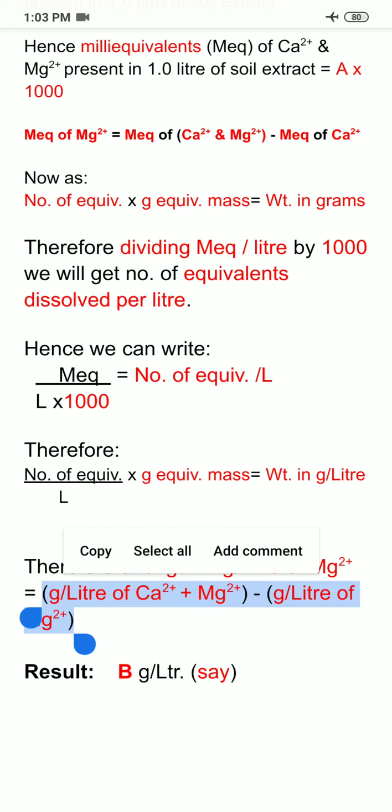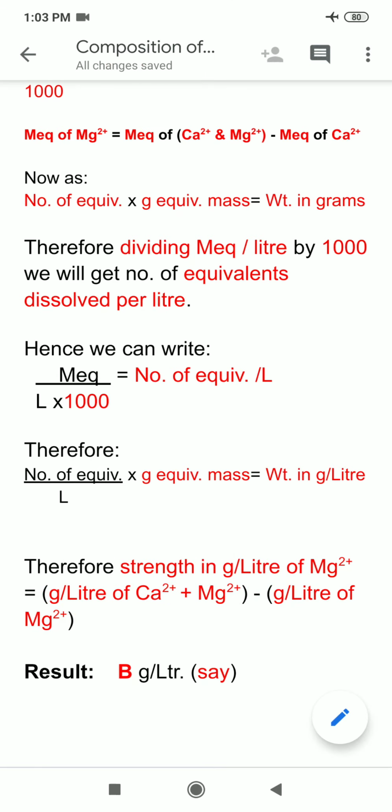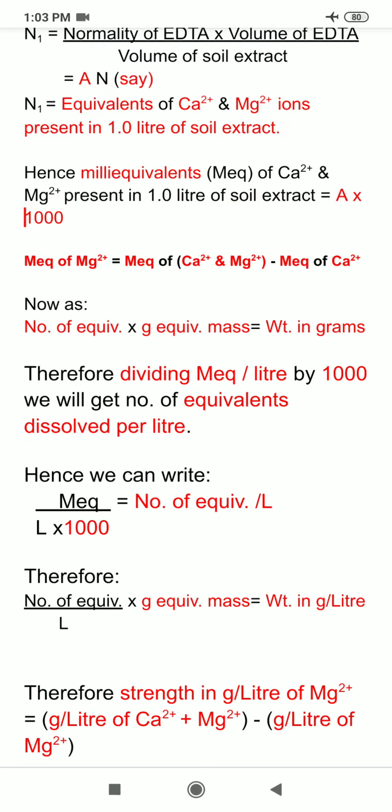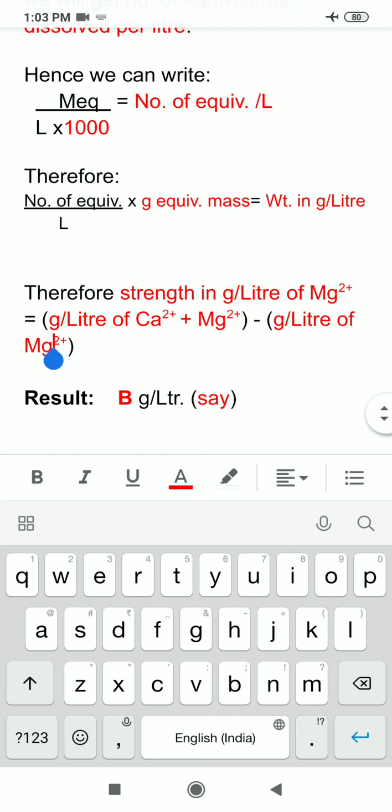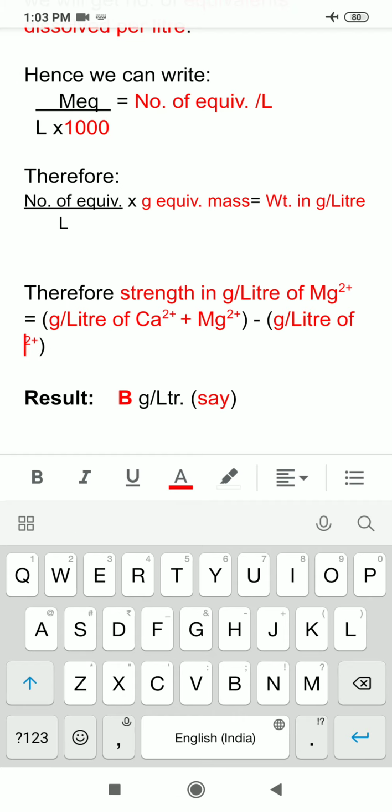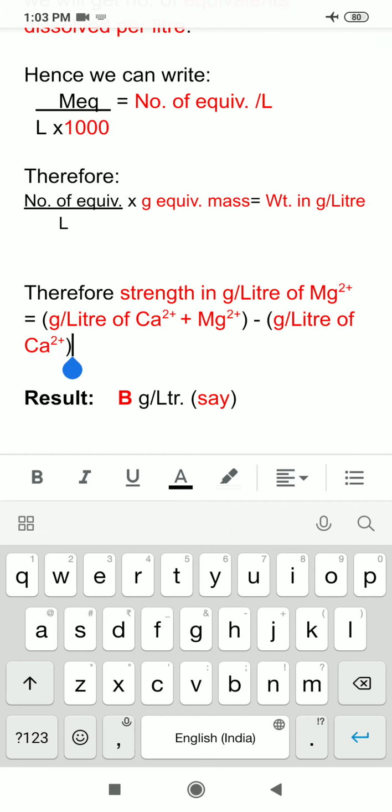Here it would be calcium. By mistake I have written magnesium here, but it is calcium, so I am correcting it.